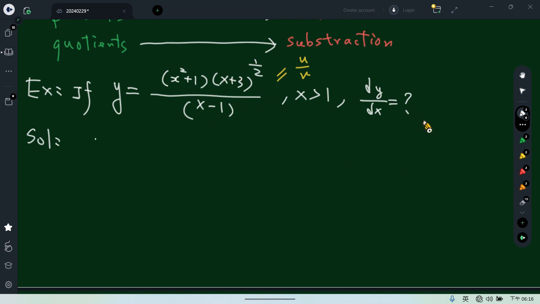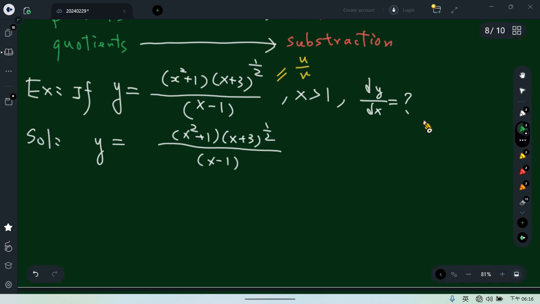So we have another way through the tip: it's a multiplication and this is a quotient. So why not, if its original expression is just like this, we just take its ln.